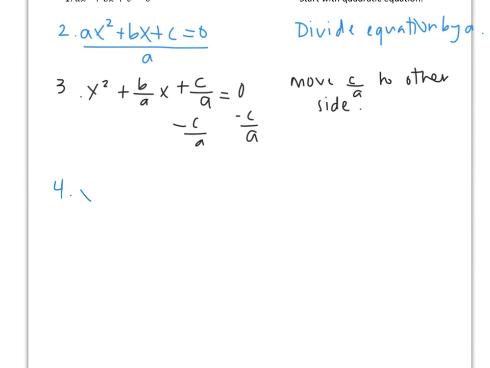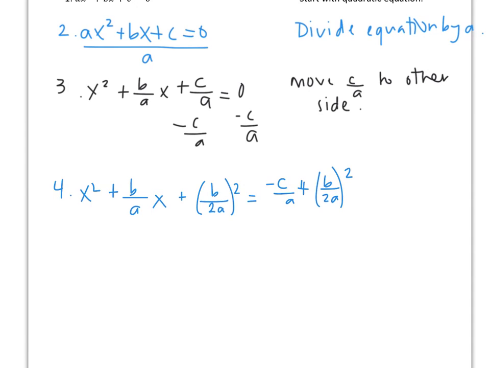So let's go ahead and write x squared plus b over a x plus b divided by 2a squared equals negative c over a, because we moved that to the other side, plus b divided by 2a squared. So our reasoning for this would be we added b over 2a squared to both sides of the equation.